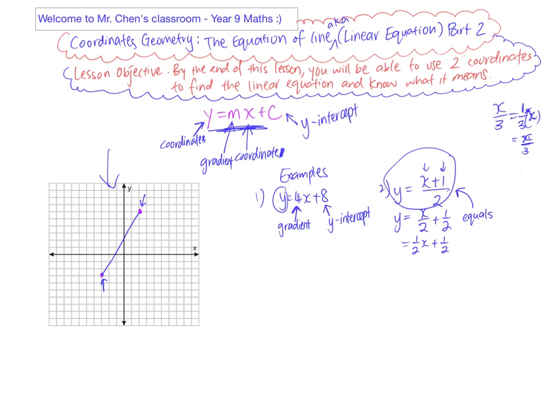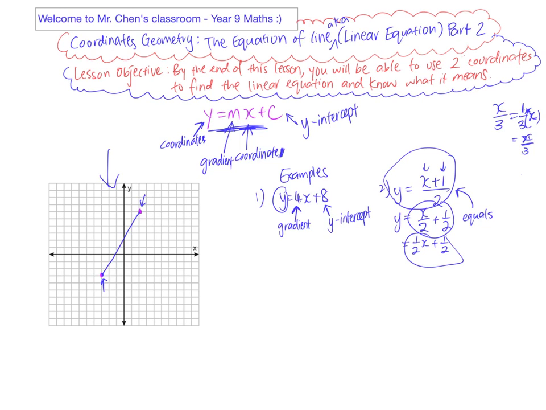So once I rewrite it, remember these all are the same. I just break it down a little bit more so that you can see y = mx + c a lot more easily.